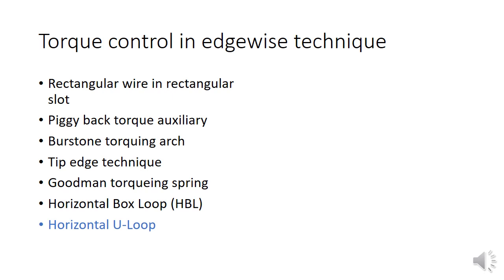Let's finish our presentation with the last method of torque control, which is the horizontal U-loop or HUL, which has a simpler design in comparison to the horizontal box loop.